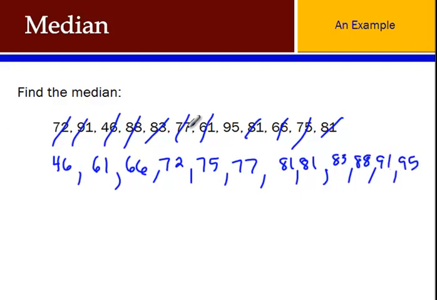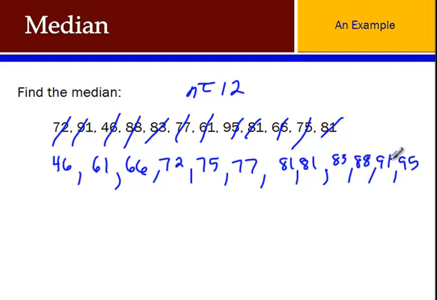Now, the number of numbers we have this time is 12, so I'm going to count them: 1, 2, 3, 4, 5, 6, 7, 8, 9, 10, 11, 12. That count is not really needed when we find the median. But it does tell us that when we find the middle or the median of our set, we're going to have the average of the 2 numbers to be the median.